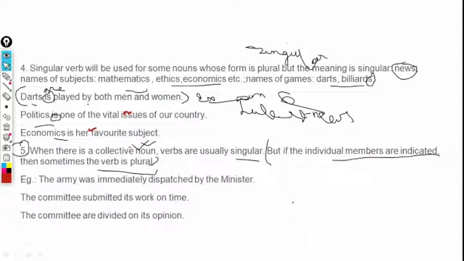But when there is a division of opinion, each and every student is having a different answer, then I have to pay attention to individual students. That is the point where unity is getting broken. That is why we have chosen a plural verb over here. We are talking about individuality.